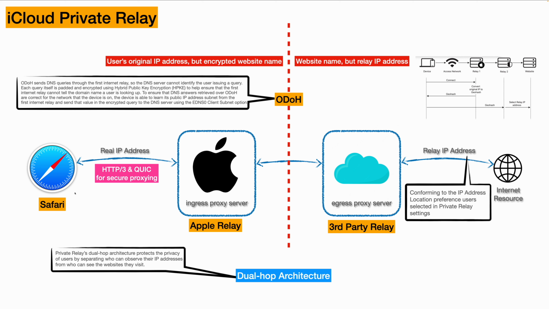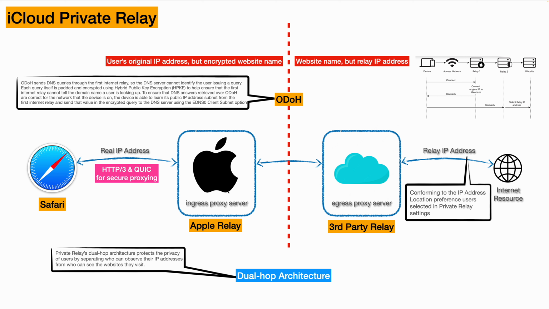The client will reach out to the proxy server, which is similar to Oblivious DoH, but that proxy server is a very specific one. It's owned by Apple. It is an ingress proxy server. It's the first relay. Here it will communicate with Apple's proxy server using a special protocol called QUIC.